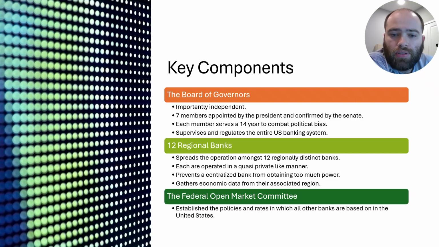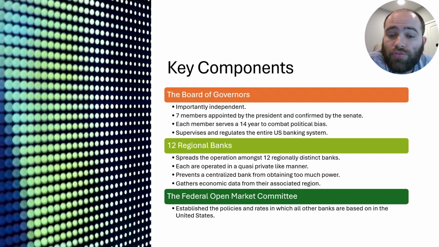Furthermore, there are some key components to the Federal Reserve, and below we see the Board of Governors, which is the seven members approved by the President and confirmed by Congress. Each member has a 14-year term, which can help combat political bias in terms of short-term leaders. And their main objective is to supervise and regulate the entire U.S. banking system.